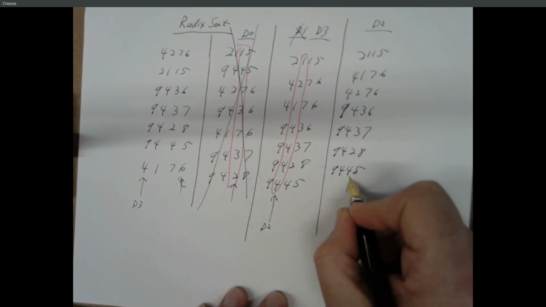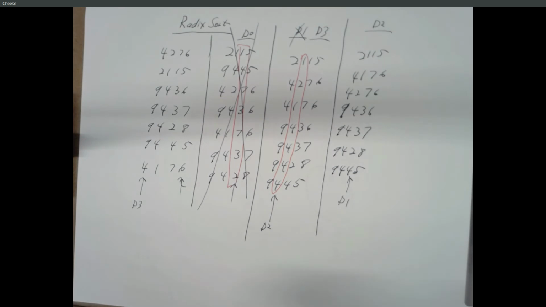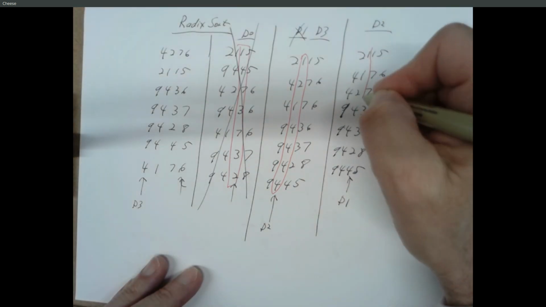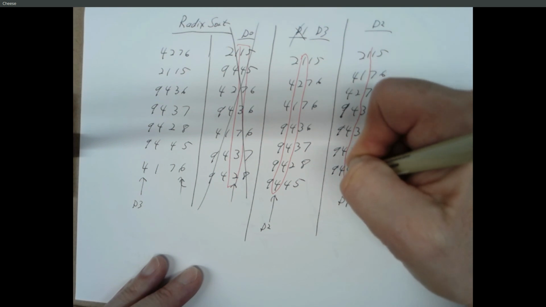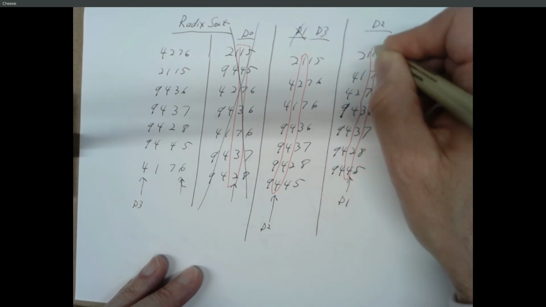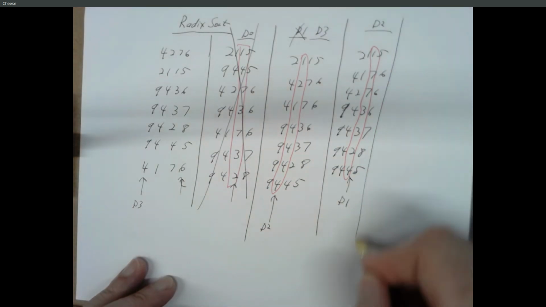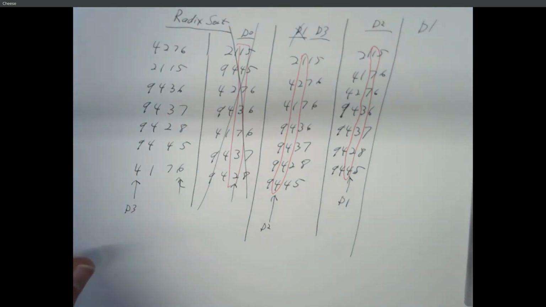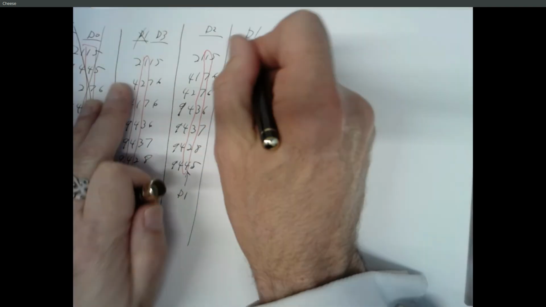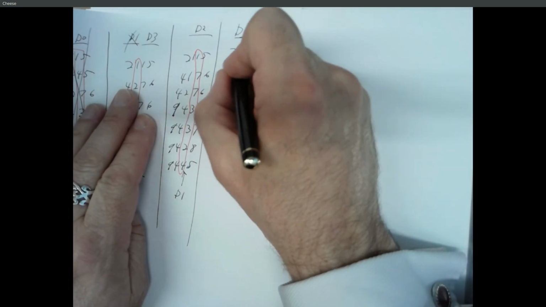All right, now do this for the next digit in. And you get the idea? So digit 1, there's no zeros, there's some 1s, so 2115.